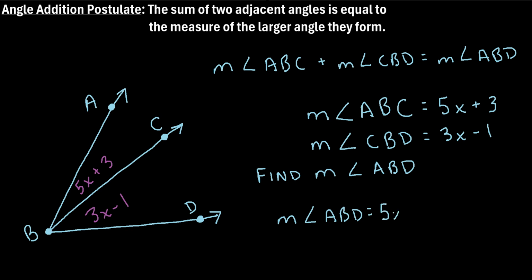So 5x plus 3 plus 3x minus 1. So if we combine like terms, we get 5x plus 3x, that's 8x. And then we get 3 plus a negative 1, so that's the same as 3 minus 1, which is 2. So we would say the measure of angle ABD is 8x plus 2.